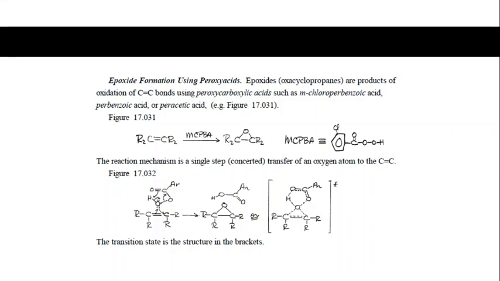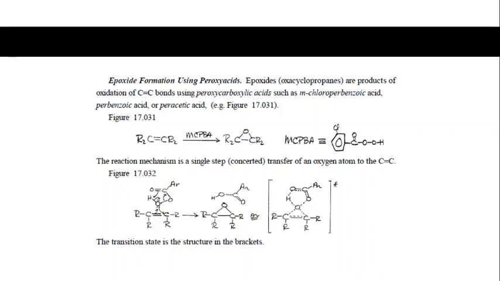So there is the carbonyl bond formation towards the peroxy acid. You can see the aryl group, and adjacent to the aryl group there is a formation of the carbonyl group, and then that oxygen is now attached to the double bond. So there is the formation of the epoxide.